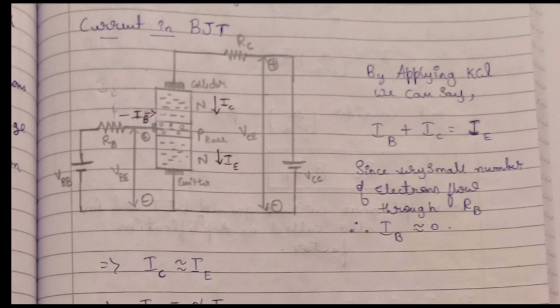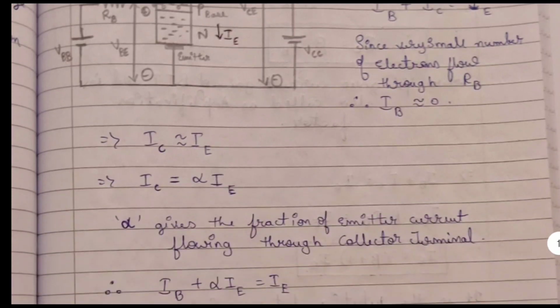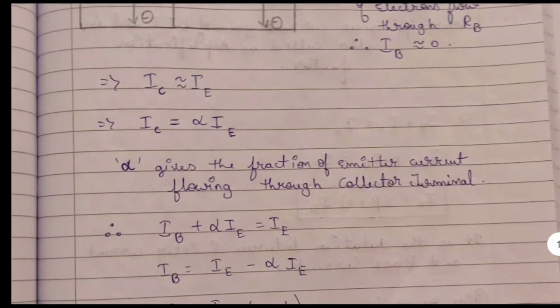Okay, and thus we can conclude that IC is approximately equal to IE as well, and using a constant called alpha, we'll write it as IC equals alpha IE. Alpha gives the fraction of emitter current flowing through the collector terminal.